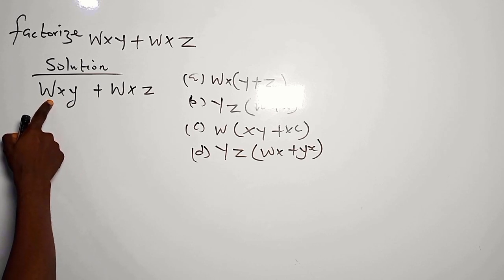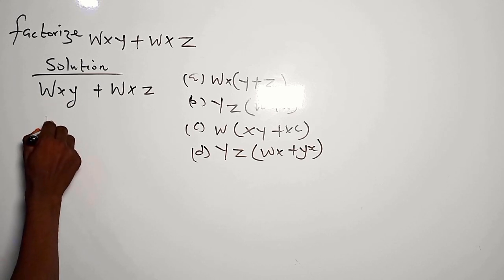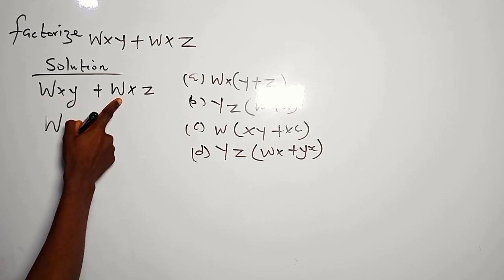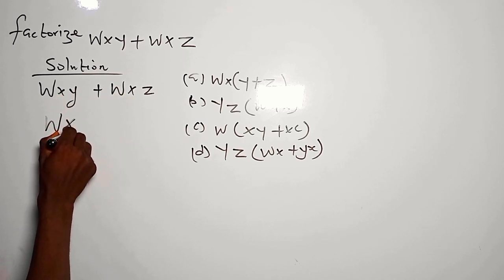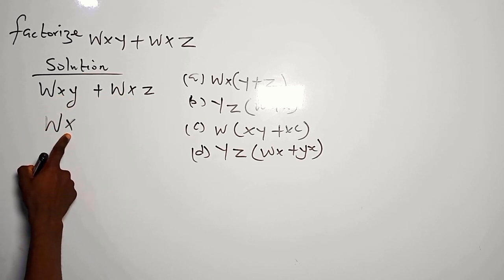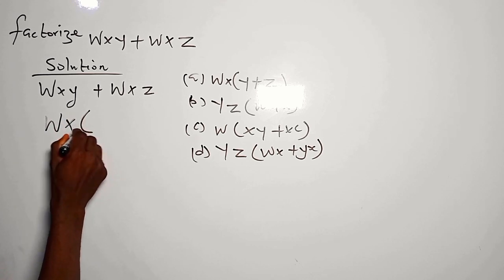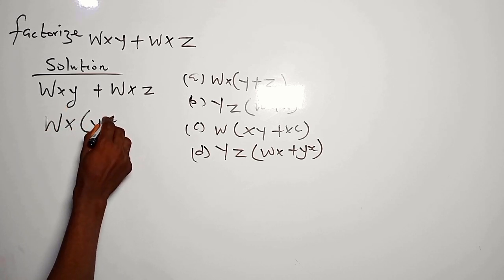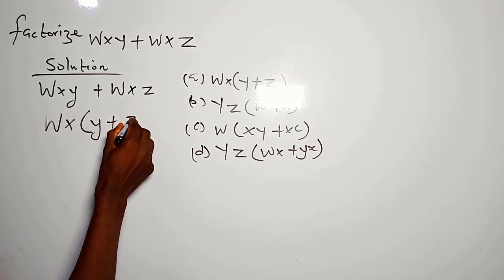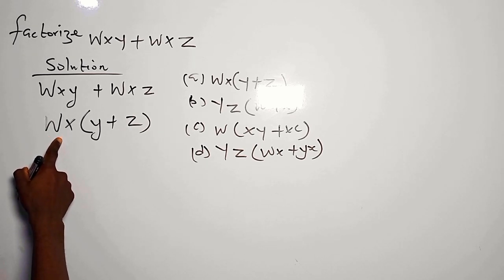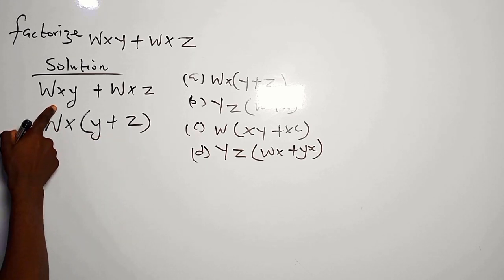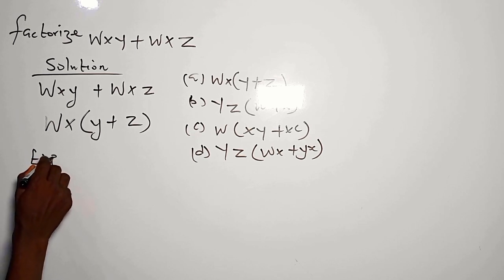When we pick out w, it's common to both terms. When we look at x, it is common to both terms. So we can factor this with wx. So here we have wx into y plus z. By the time we expand this, let us see the expansion.